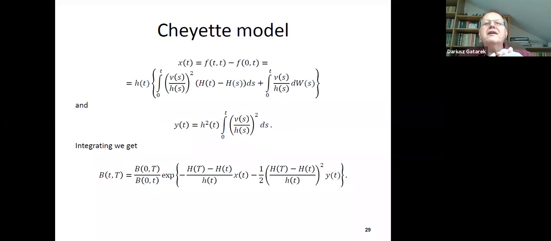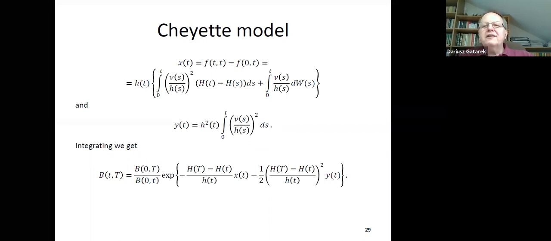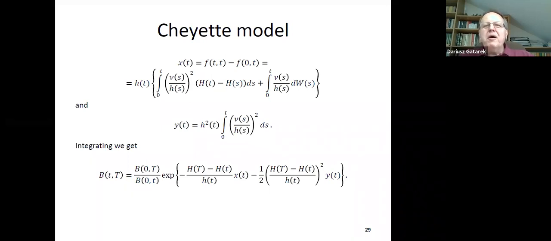and did it very quickly because the paper was published the same year as the paper of Heath-Jarrow-Morton. But probably many people had it as a preprint before, because the research of Heath-Jarrow-Morton was done at least 3 years before publication of the paper, as in the case of Black and Scholes.